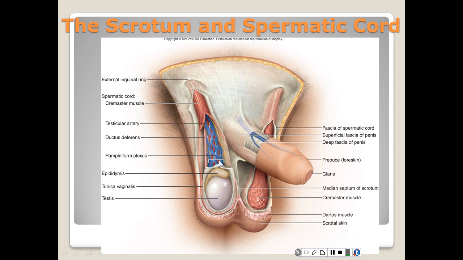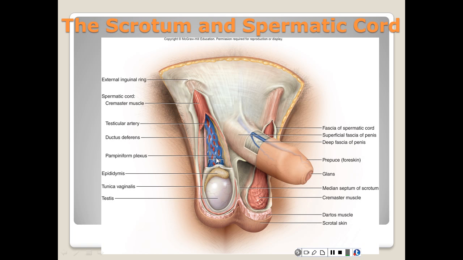It cools the warm arterial blood by countercurrent heat exchange, lowering the temperature of the arterial blood by 1.5 to 2.5 degrees Celsius.